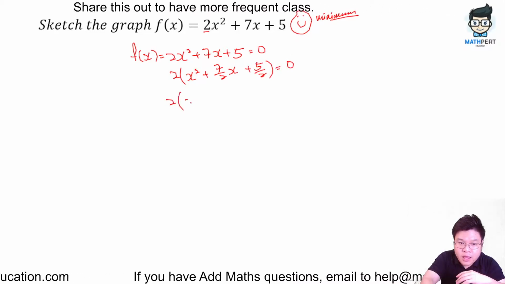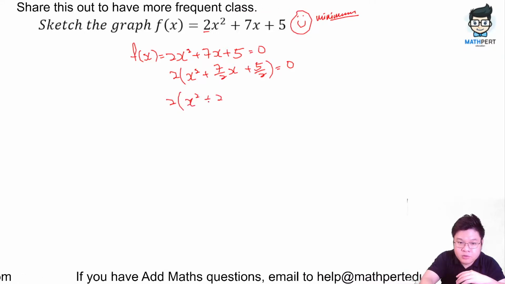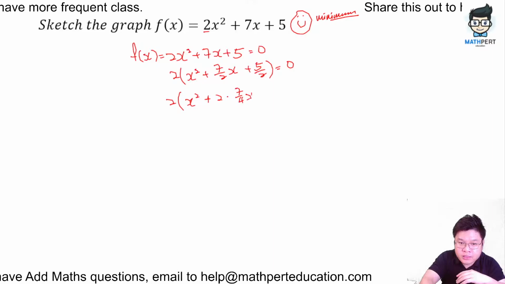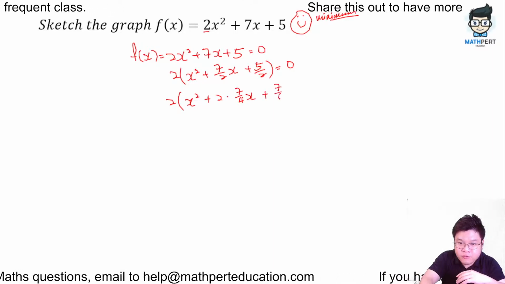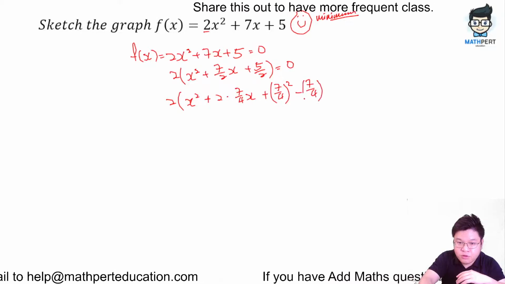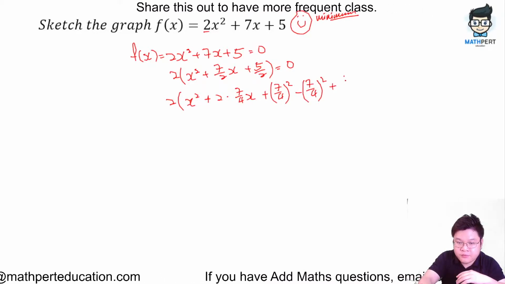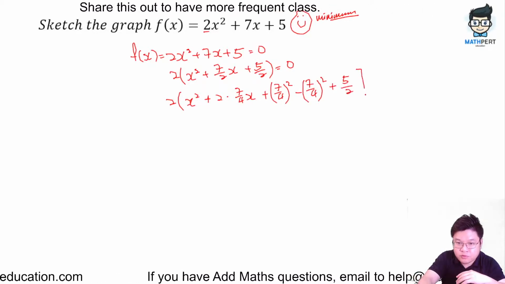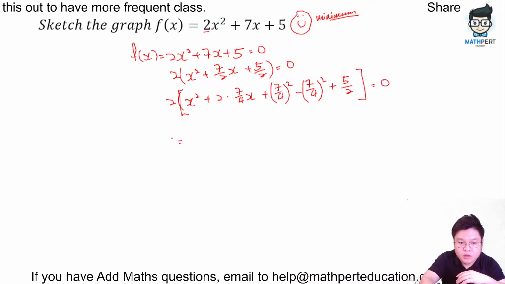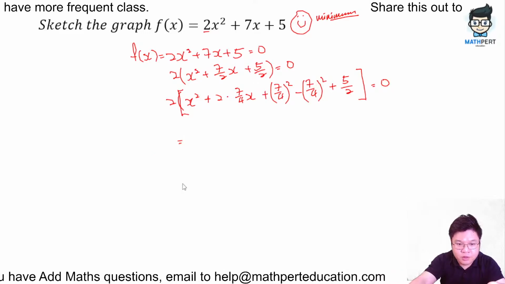So x squared plus 2 multiplied by 7 over 4 x plus 7 over 4 squared, minus 7 over 4 squared, plus 5 over 2 equals 0. Okay, sorry, not equal.